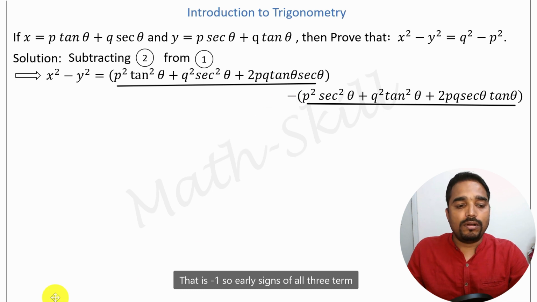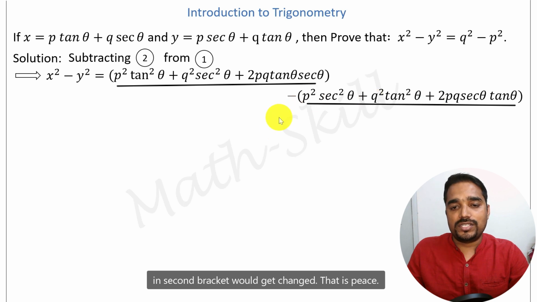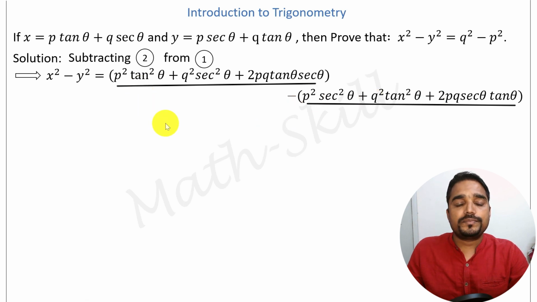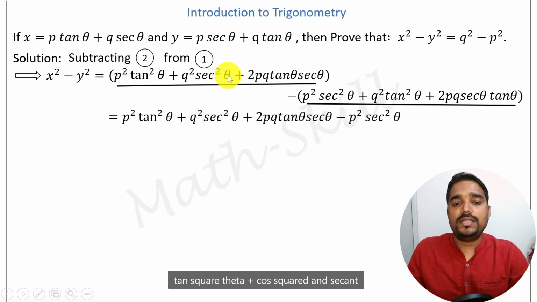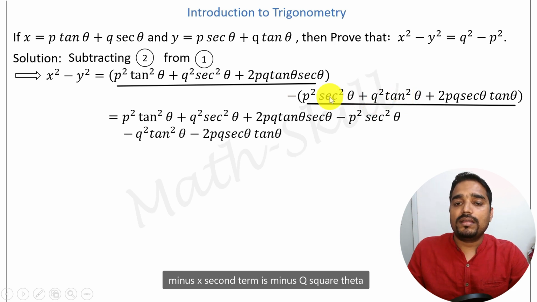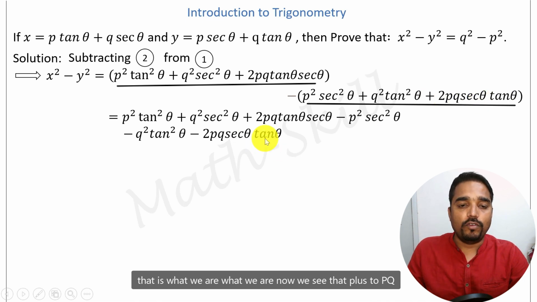So the signs of all 3 terms in the second bracket would get changed: minus p square secant square theta, minus q square tan square theta, and minus 2pq secant theta tan theta. That is what we have got here.